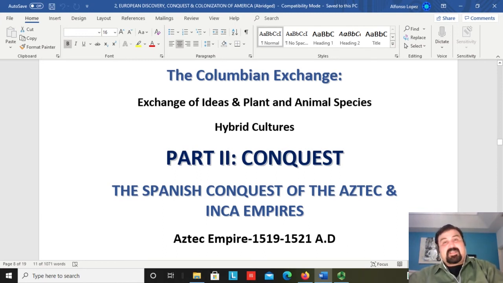The Columbian exchange is simply that in those encounters, people are going to be exchanging back and forth ideas that have been formulated for thousands of years: religious ideas, scientific ideas, technologies, for example tools that they had created, and they're going to share them with one another.